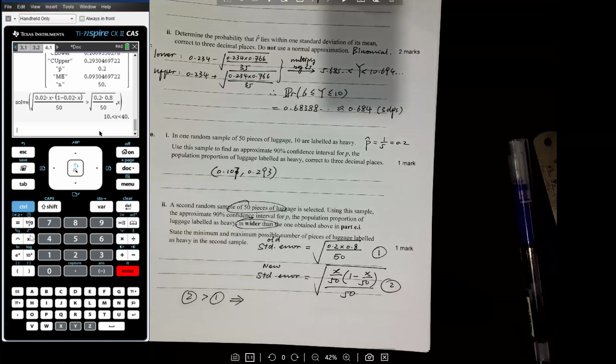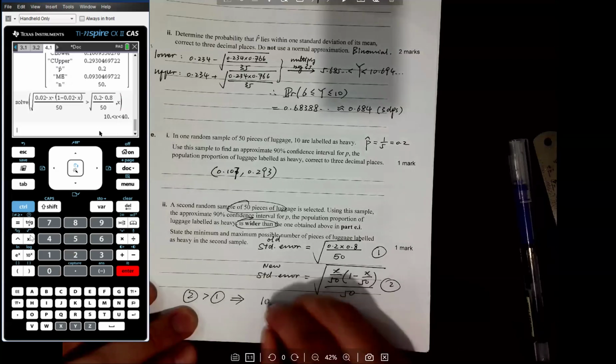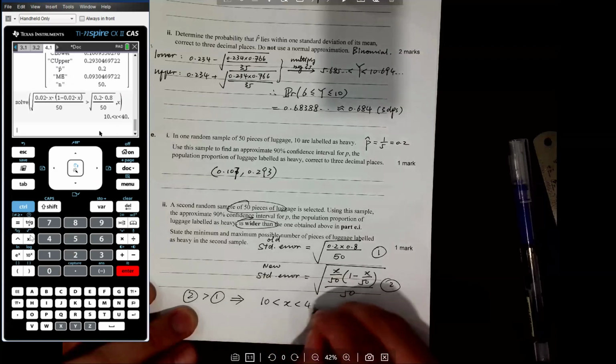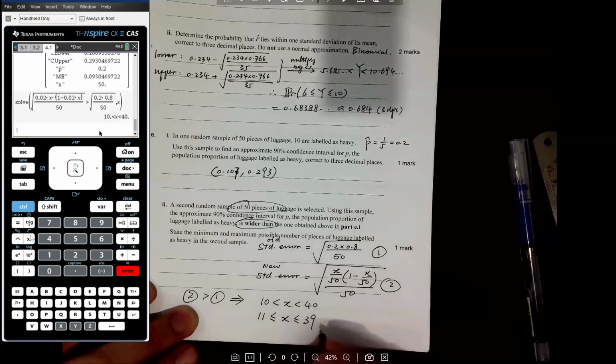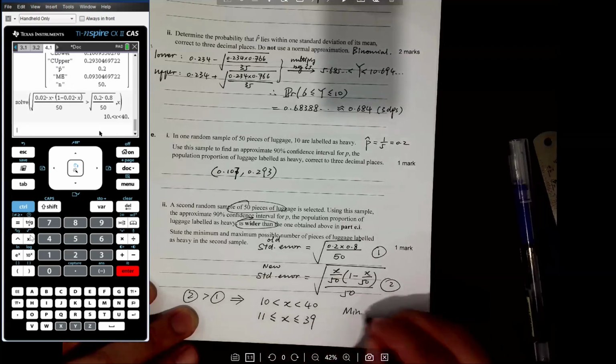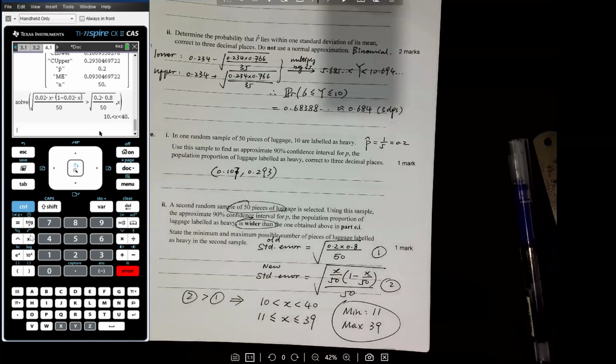And you will be able to see this is greater than 10 but less than 40. It has a strict inequality: 10 less than x less than 40. Therefore, taking the equal sign into consideration, that's from exactly 11 to 39. So the minimum is 11. The maximum is 39. And that's the answer.